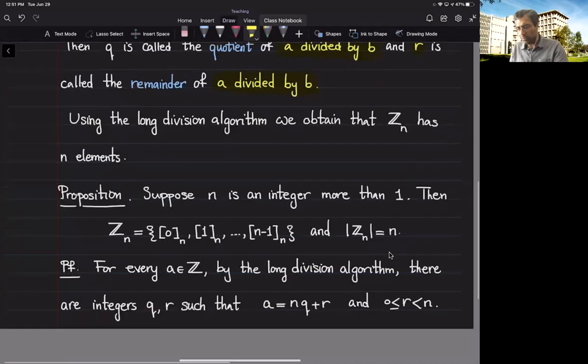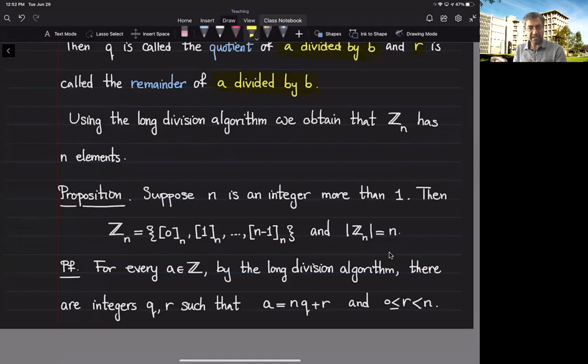Okay, but let's see what kind of implication it has for integers modulo n. The next proposition shows that the cardinality of integers modulo n is precisely n.